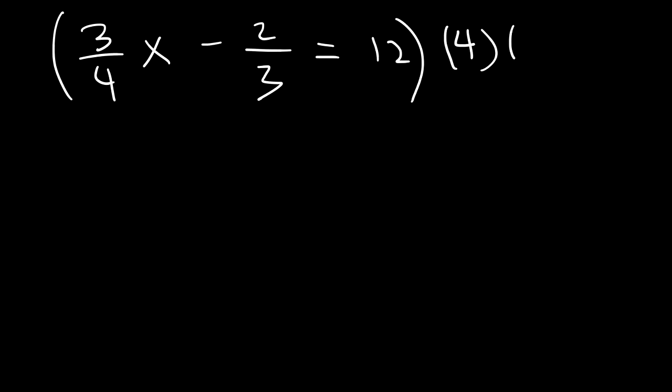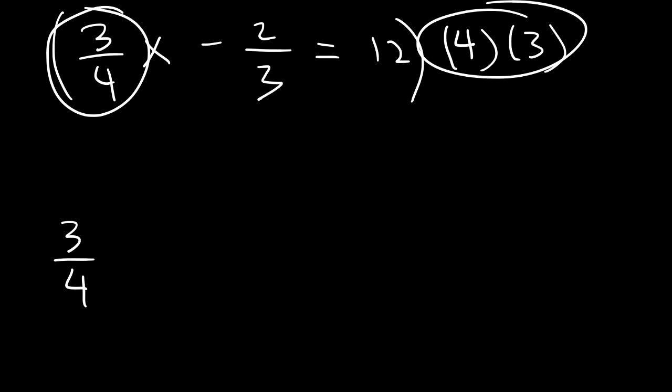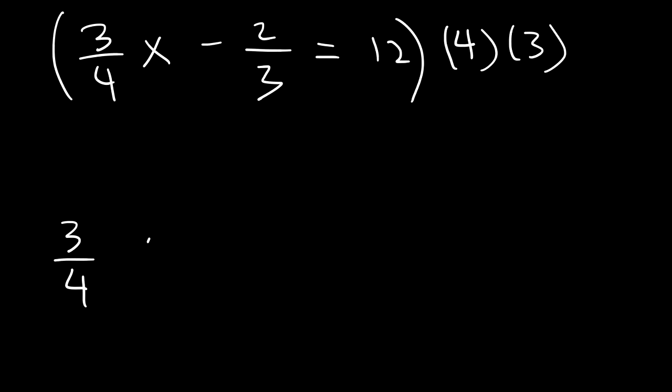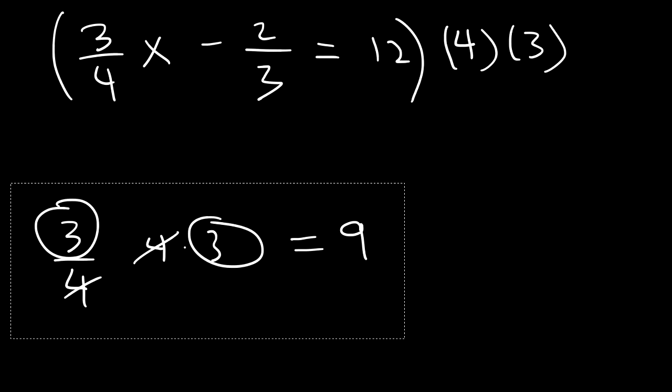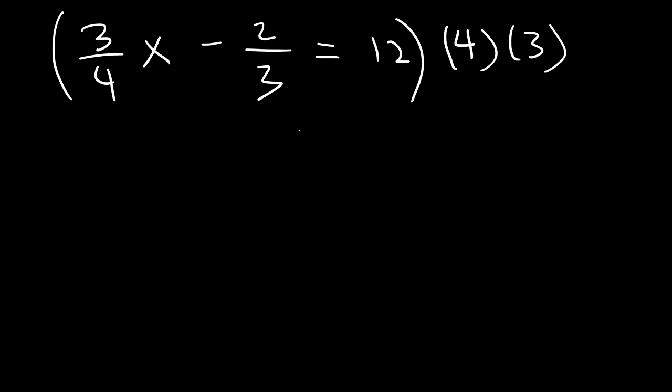But I'm going to leave it as 4 and 3. So if we multiply this fraction, 3/4, by 12, what will we get? Well, the 4's will cancel, and so we're left with 3 times 3, which is simply 9. So therefore, 3/4 x times 12 is going to be 9x.